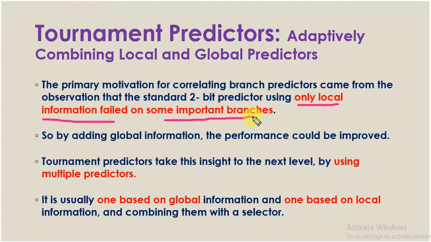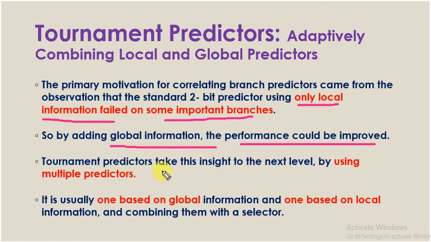They identified that getting information only from the local branches was not performing well for certain branches. So they try to add some global information also. In that situation, the performance is slightly improved.